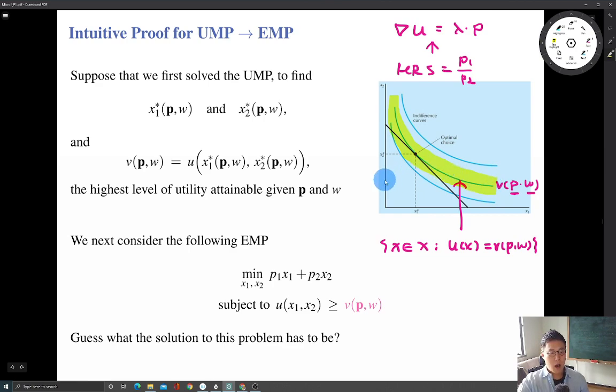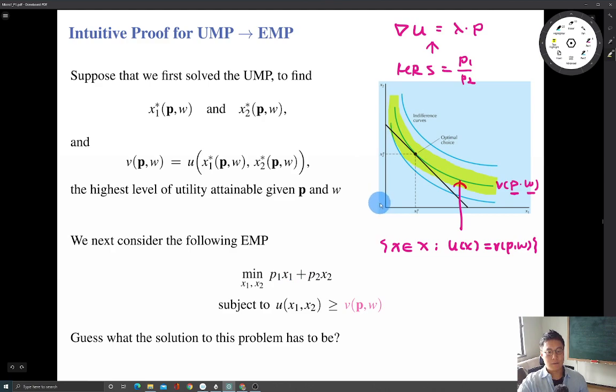And then we adjust the height of this line segment with the same slope, because the slope of this line segment is determined by the price vector. And the height of this is given by the expenditure. So we want to figure out the level of this expenditure, in other words, the height.